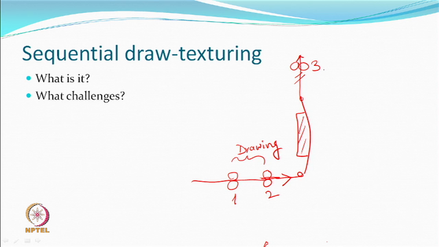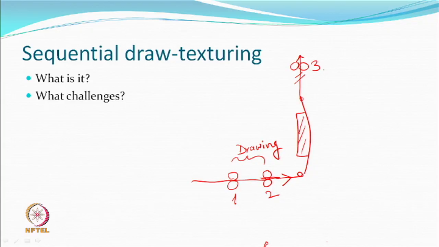So, what kind of challenges were there? From the point of view of the property of the textured yarn and optimization, there were very few challenges, because you were anyway handling the fully drawn yarn at that time. At point number 2, as it exits, it is a fully drawn yarn.